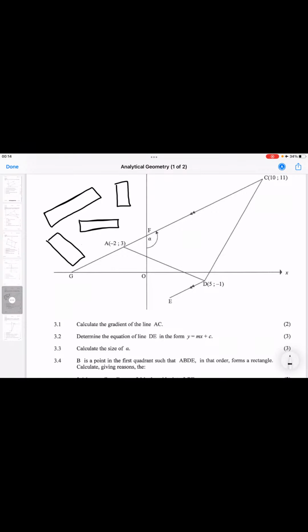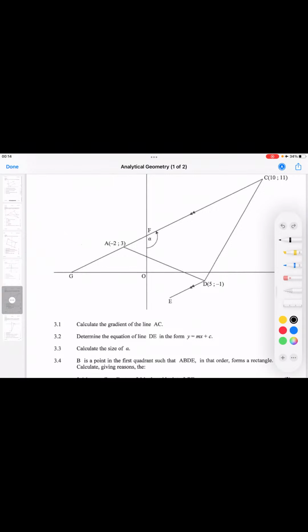So in this case, what shape are we going to be having? So let's see. A, B, D, E. So possibly B in the first quadrant.